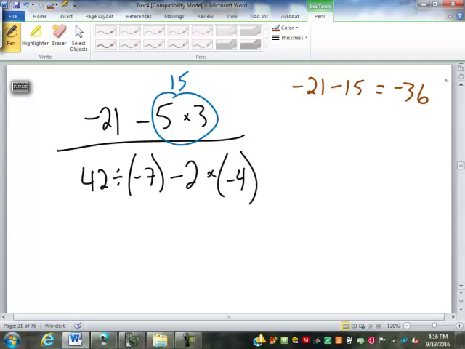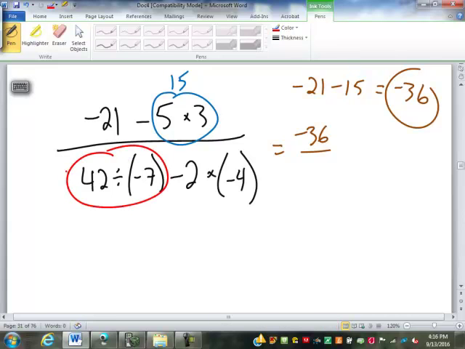Negative 36. Okay. So it's negative 36 on top. On bottom, what do we have to do first? Divide. 42 divided by negative 7 is negative 6.